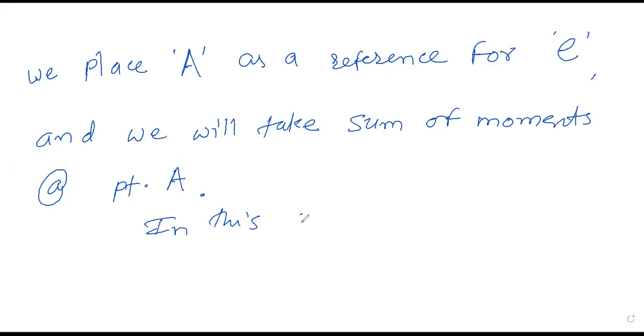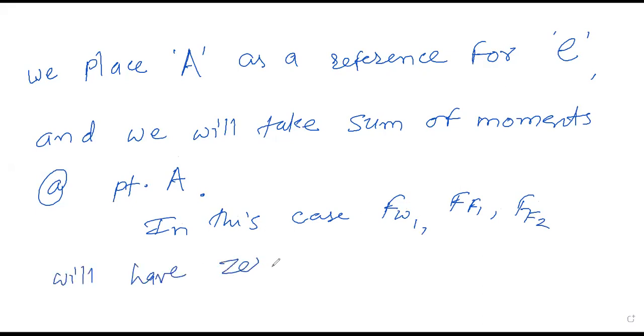In this case, FW1, FF1, FF2 will have zero moments about point A, right?